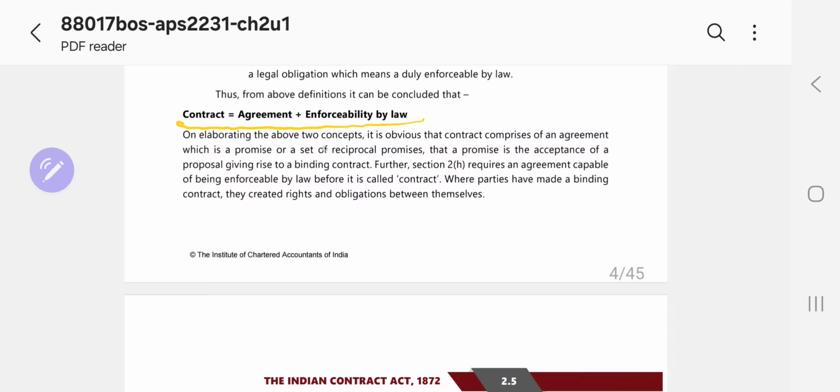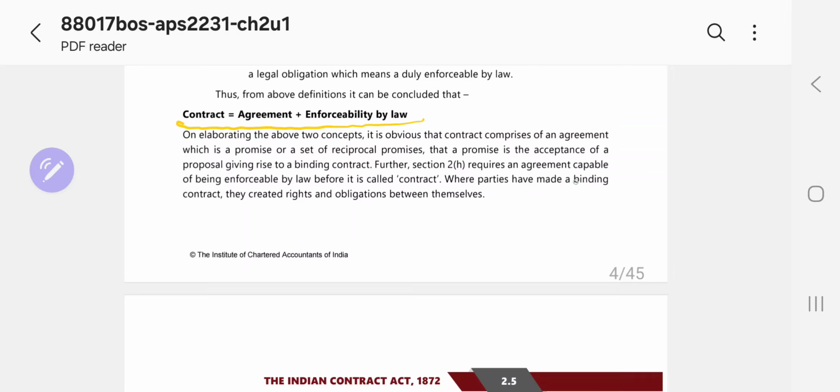On elaborating the above two concepts, it is obvious that a contract comprises an agreement, which is a promise or set of reciprocal promises, and that a promise is the acceptance of a proposal giving rise to a binding contract. Further, Section 2(h) requires an agreement capable of being enforceable by law before it is called a contract.